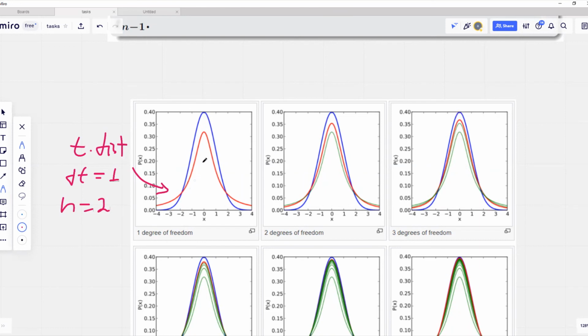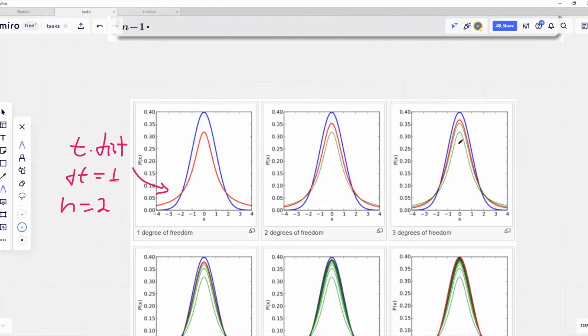As you can see, student t distribution has a similar shape to standard normal, but is a little bit flatter. And when we increase the degrees of freedom, here in green we have degrees of freedom equal to 1, in red degrees of freedom equal to 2, and in blue is our standard normal distribution.